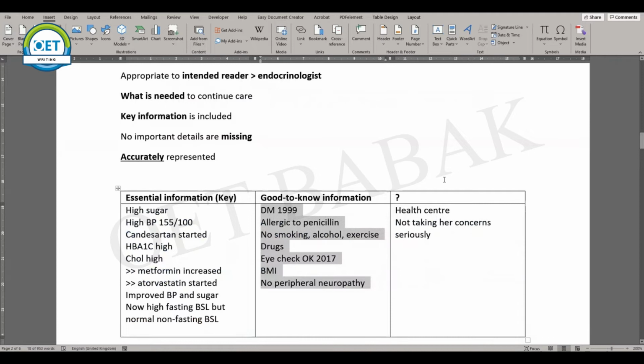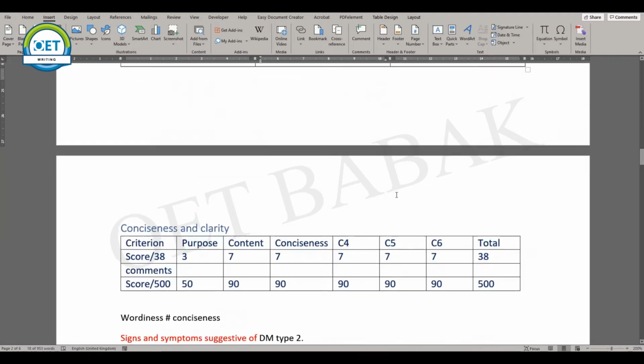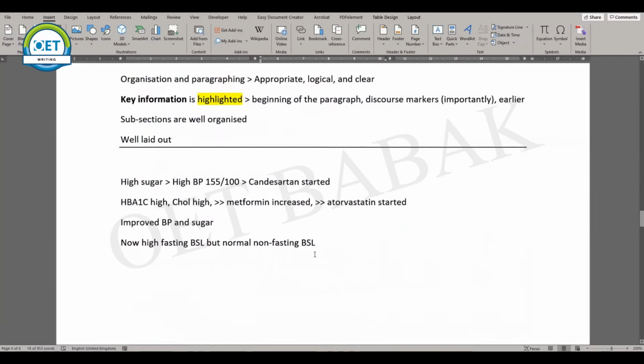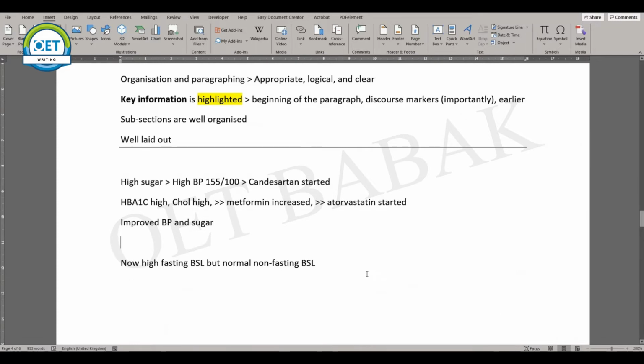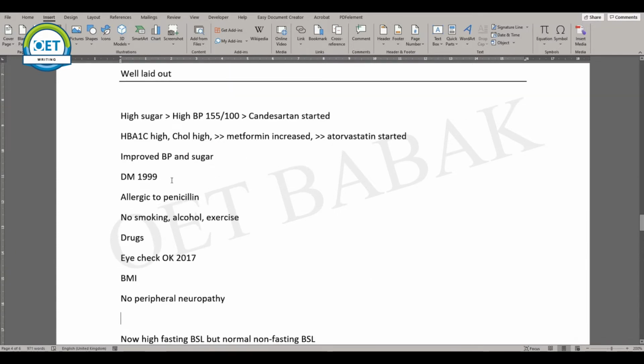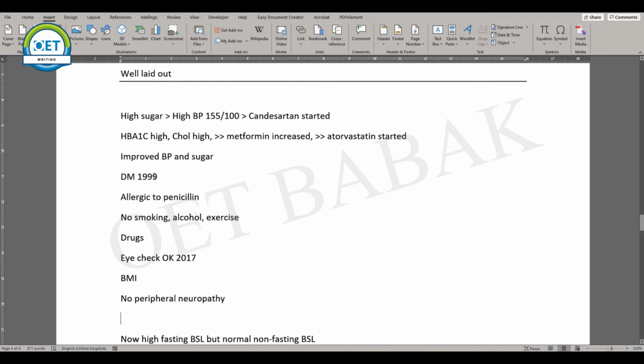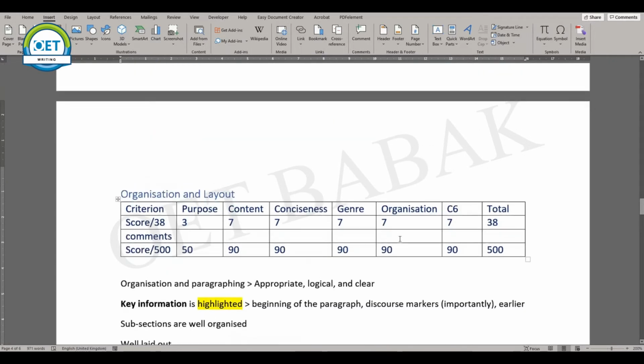It was some good to know information which we have to put somewhere logical. Probably just right before today. So we just say that this is the BMI. Do you agree? Yes. Okay, so this is the way we look at the paragraphing.